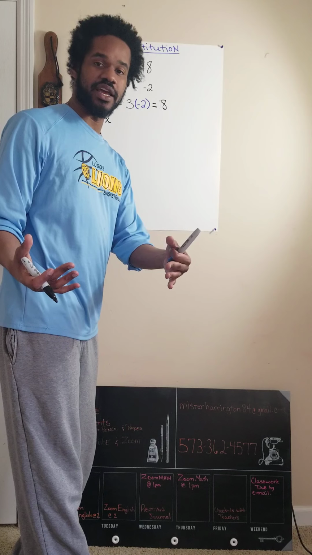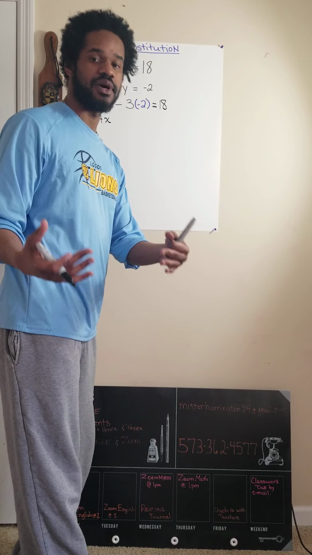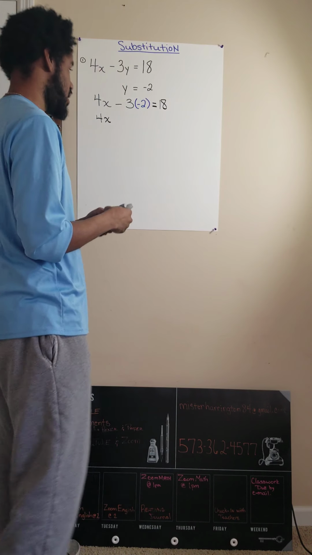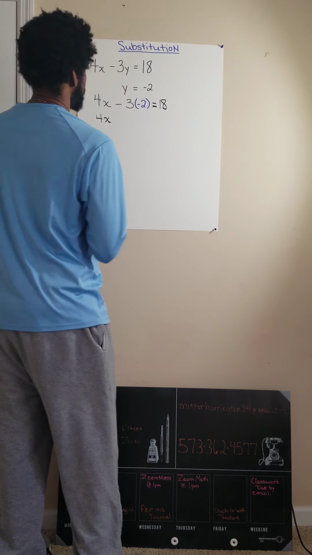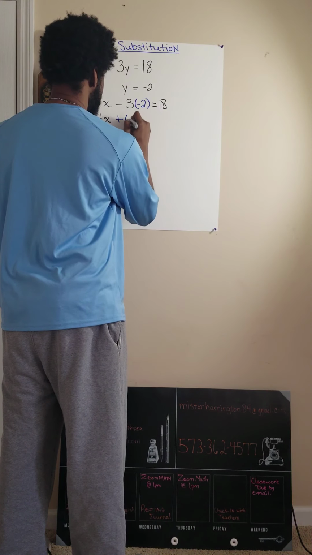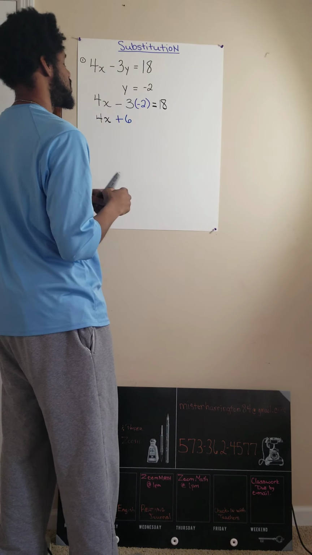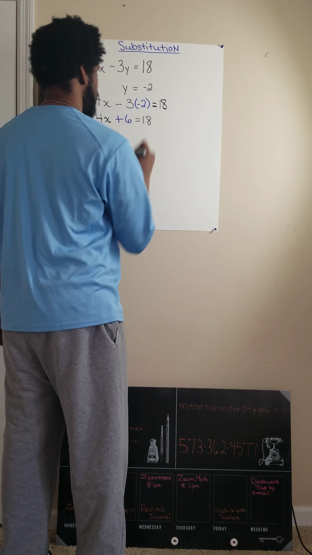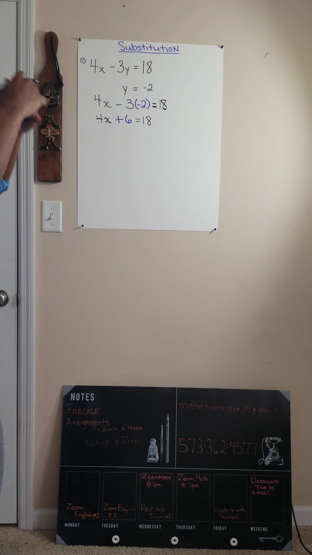What do we get when we get a negative times a negative? A positive. Okay? So it'll be 4x, now -3 times -2 is positive 6, equals 18.